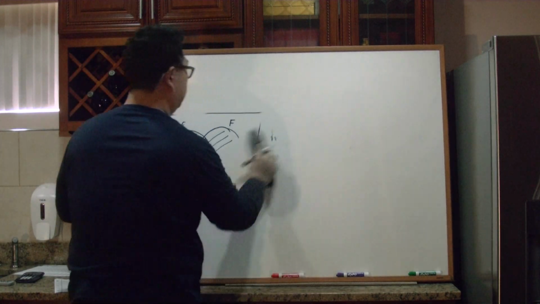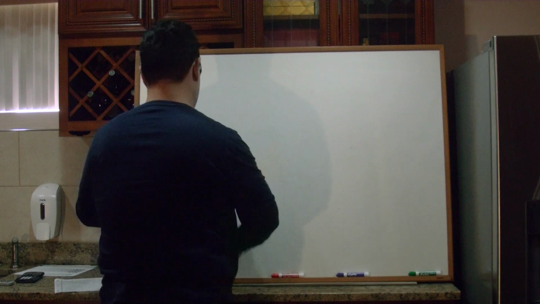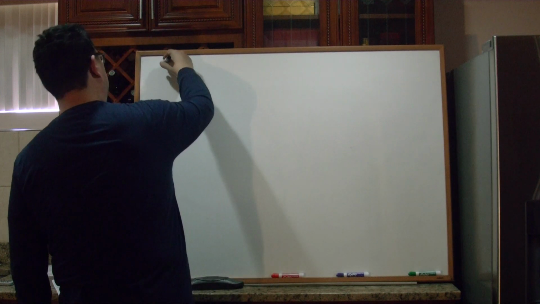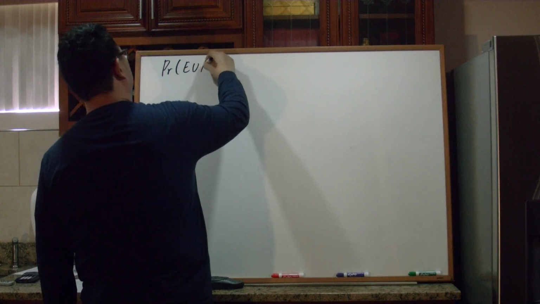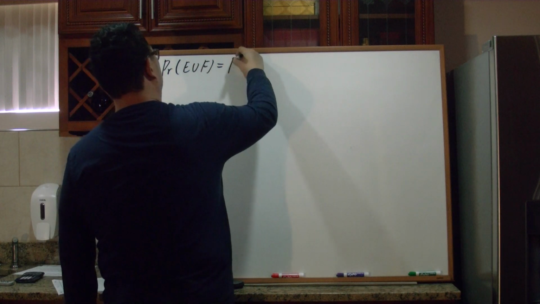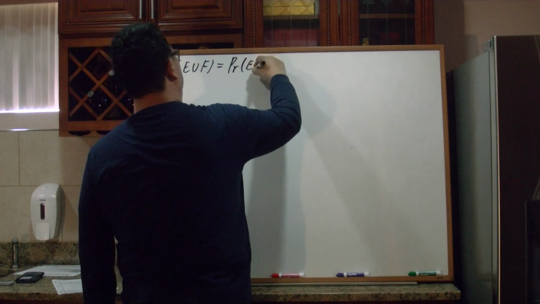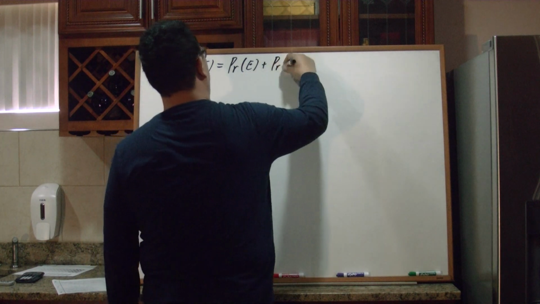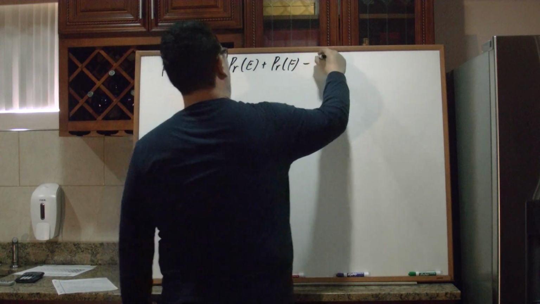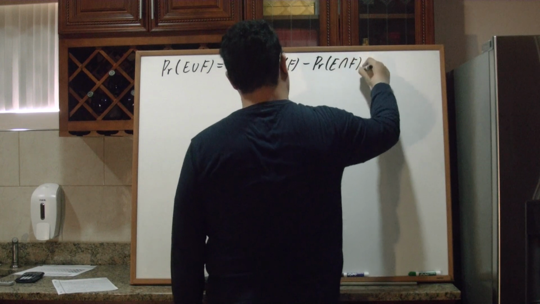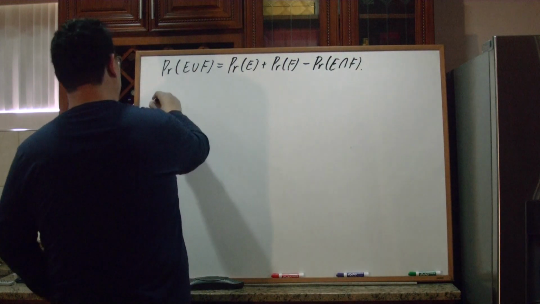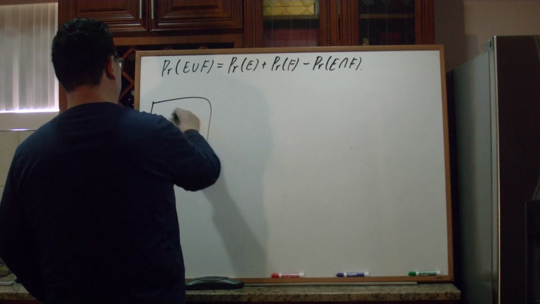Right, and the addition rule says that if we want to compute the probability of E union F, we compute the probability of E plus the probability of F minus the intersection. We can see the diagram.